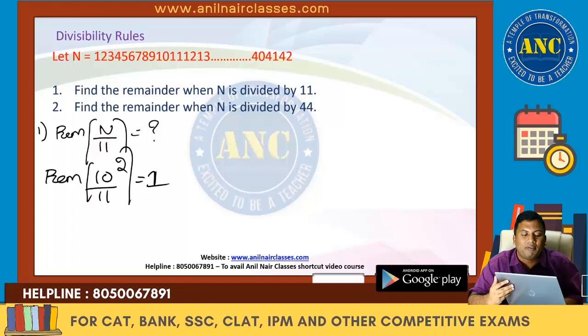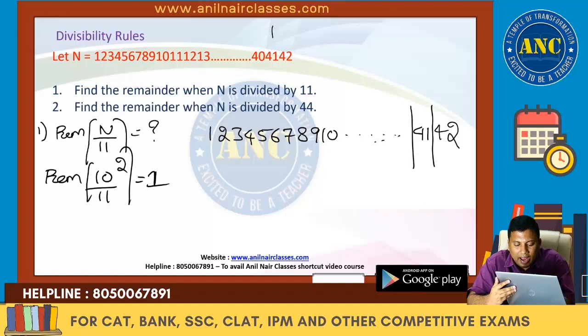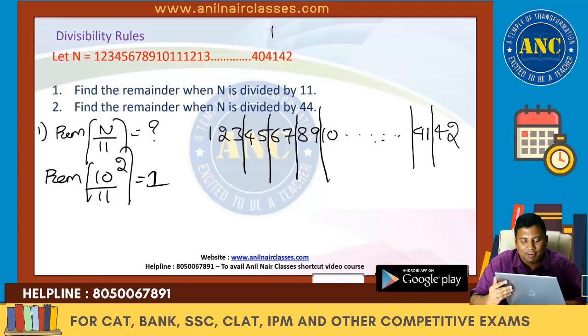Take a group of 2 digits and add them. So if you take a group of 2 digits: 1, 2, 3, 4, 5, 6, 7, 8, 9, 10 and so on up to 42. Now see here, 42 is one group, 41 is one group and so on till 10 is one group. 89 is one group, 67 is one group, 45 is one group. I hope it is clear, right?